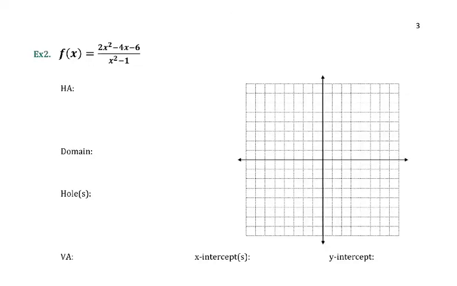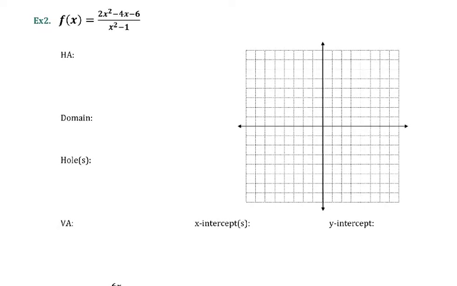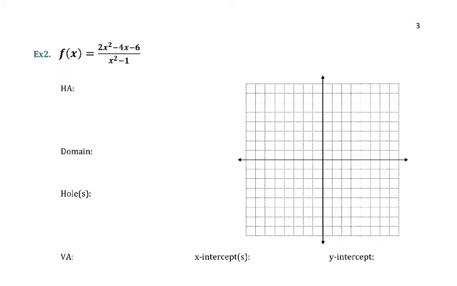So on to example 2. Here we have a rational function. It's represented by a quadratic polynomial divided by another quadratic polynomial. So when we're dealing with rational functions, we always want to make sure that we factor and reduce as much as possible first.